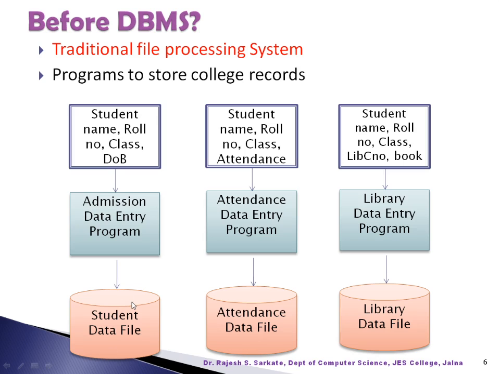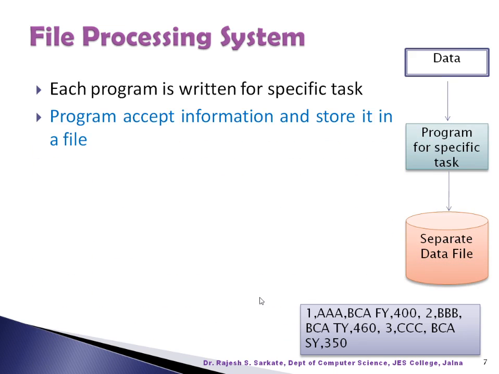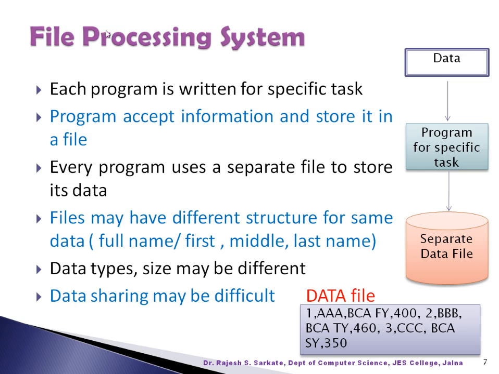Every program defines its own variables, so they may be different. So it creates the problem, data cannot be shared easily. If you want to modify some use of the program, then it was difficult, you have to modify the program for the same task. So these are some issues regarding the file processing system, which was used traditionally.